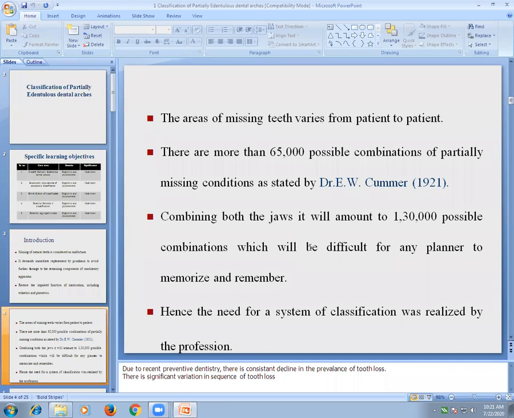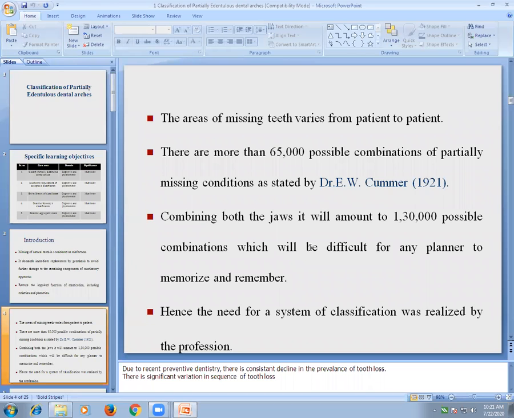There are more than 65,000 possible combinations of partially edentulous conditions, as stated by Turner in 1925. Combining both arches, it will amount to 1,30,000 possible combinations, which will be difficult for any planner to memorize or implement. Hence, the need for a system of classification was realized by the profession.